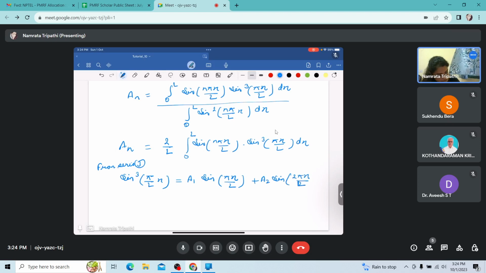Upon L plus a3 sin(3πx/L) plus and so on.